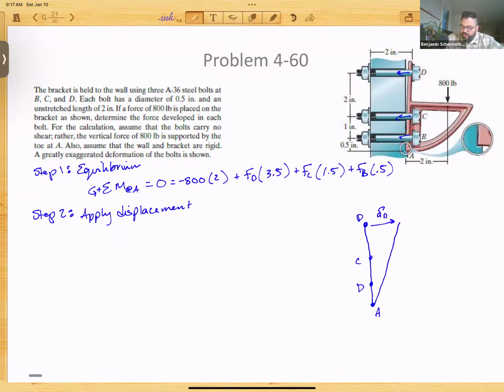So we can look at the displacement from D to D prime, C to C prime, and B to B prime.